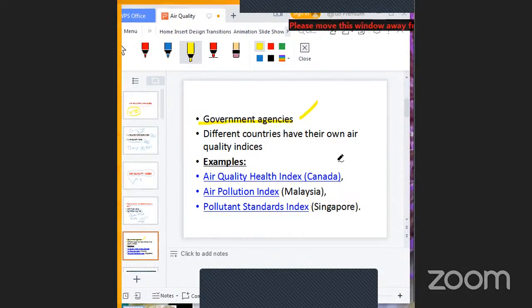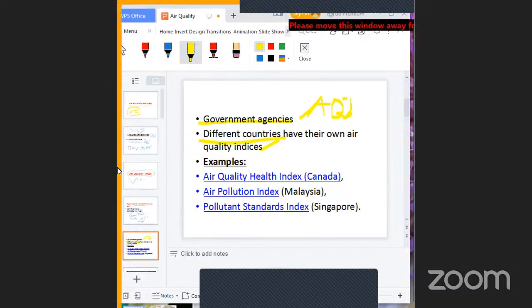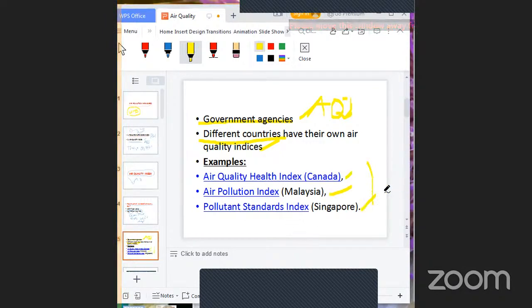So the public health risk increases as the AQI, air quality index, rises. Different countries have their own air quality indices corresponding to different national air quality standards. Some of these are the air quality health index in Canada, the air pollution index in Malaysia, and the pollutant standards index in Singapore. So these are some of the examples, right?